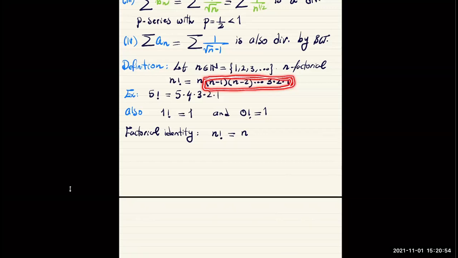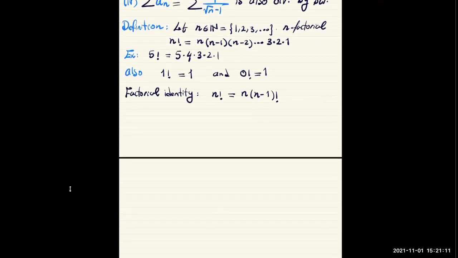This itself is a factorial. Okay, that is n minus 1 factorial. That's how you can rewrite n factorial as n times the factorial of 1 less than n.